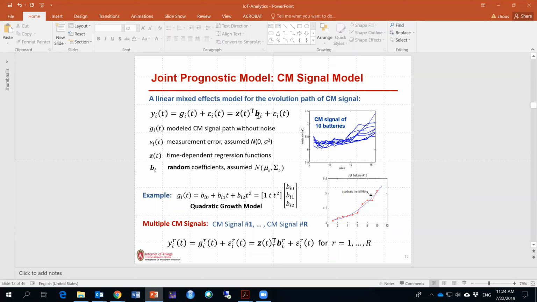This random variable follows a certain distribution, and the distribution of this random coefficient describes the population behavior of this group of signals. For each signal, we have a different parameter, and those different parameters form a population distribution. With this model, we can describe a whole group of divergent signals. This is a very effective way to fuse information from multiple signals and allow the individual behavior for each individual signal.